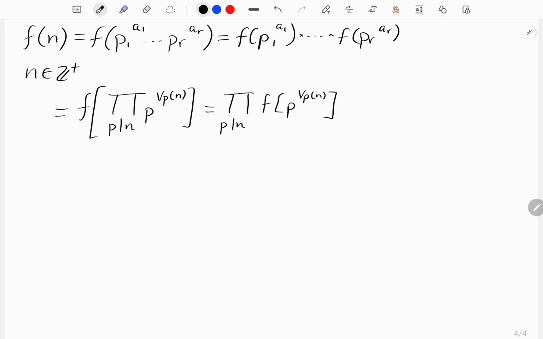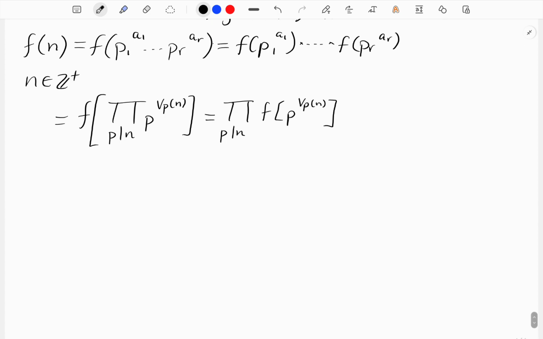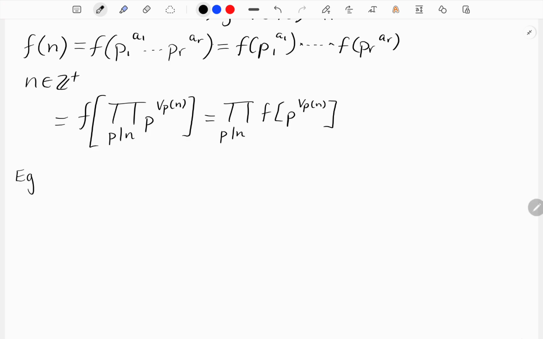So in order for us to, of course, do this, we have to know the prime factorization of n first. Okay, so here are some examples of multiplicative functions. And actually, these two examples I'm going to give are completely multiplicative functions, but being completely multiplicative implies they are multiplicative. These are two easy ones.